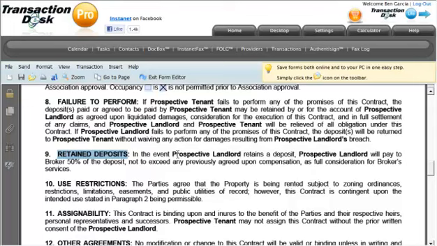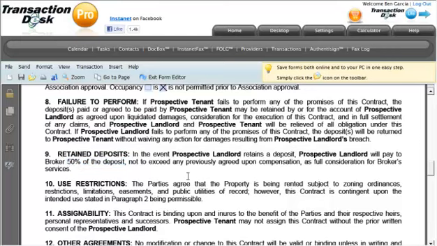In the event that the landlord retains a deposit, prospective landlord will pay the broker 50% of that deposit, not to exceed any previously agreed upon compensation. In other words, if they left $3,000 with us and our commission is $500, 50% of the deposit would be $1,500. We cannot collect $1,500. We can only collect $500.